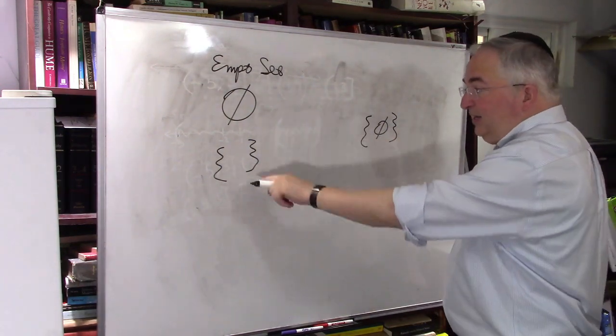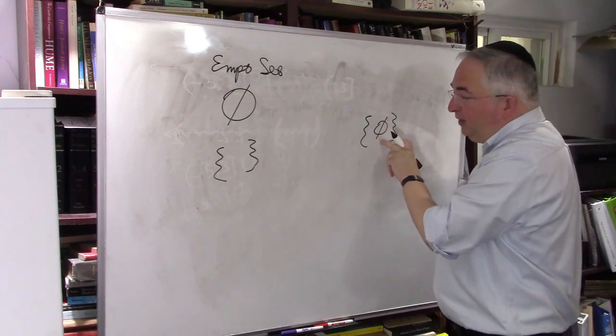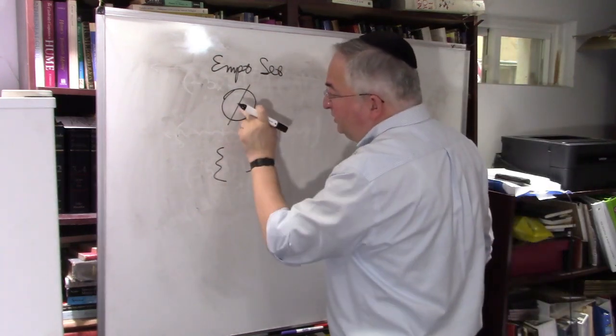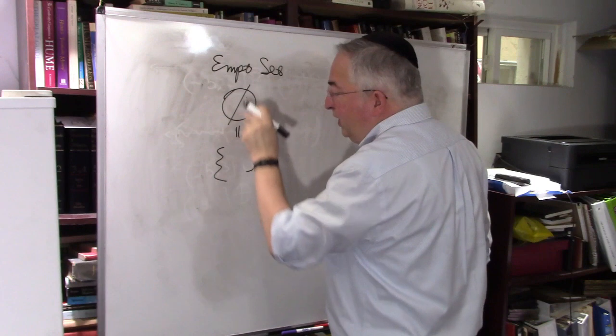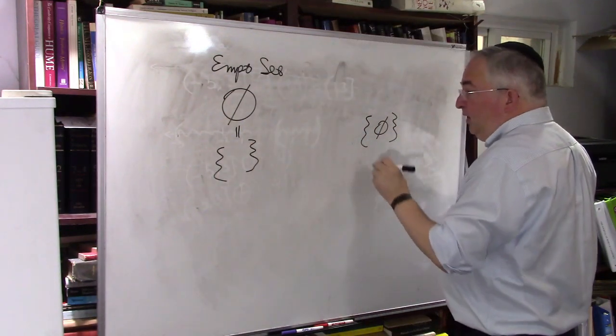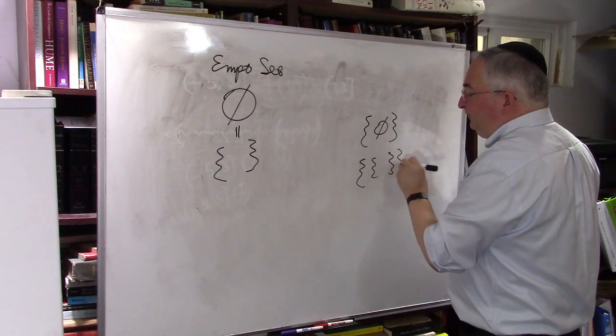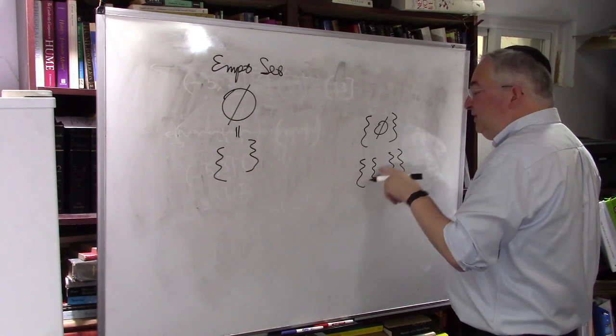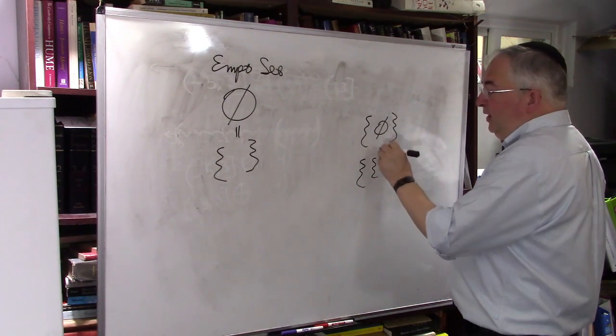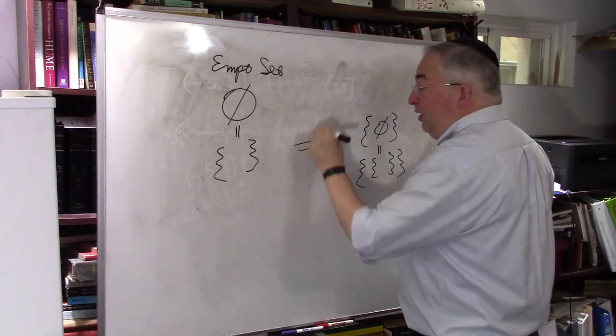Now that's not the same as that. This set has one element. This set has no element. These are two ways of writing the same thing. We can also write this as the same set as this. This is the set that contains the empty set. These two are equal. These two are not equal.